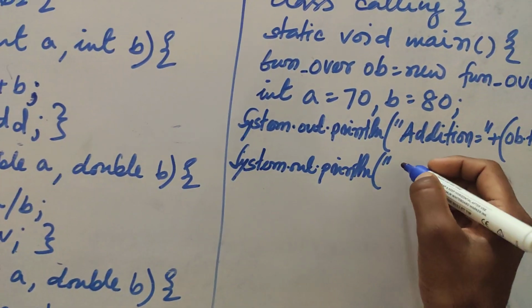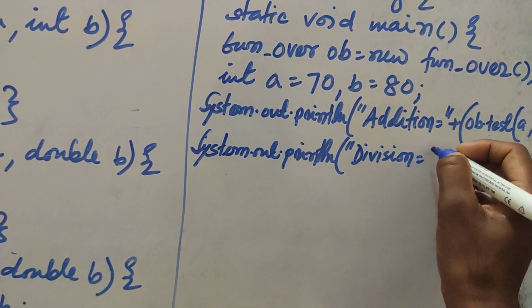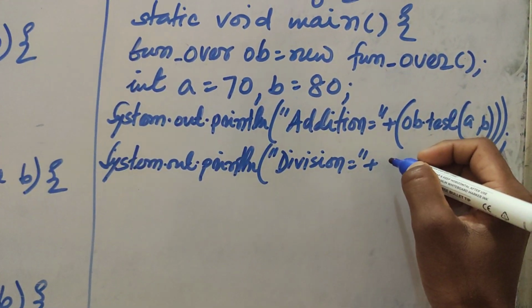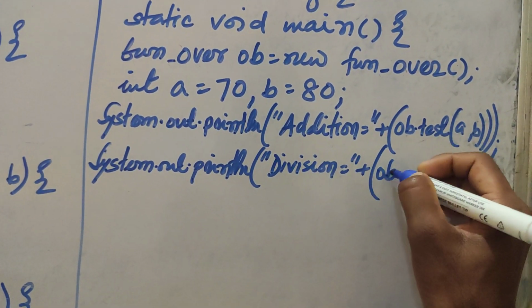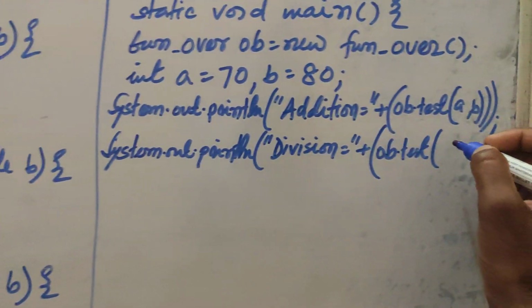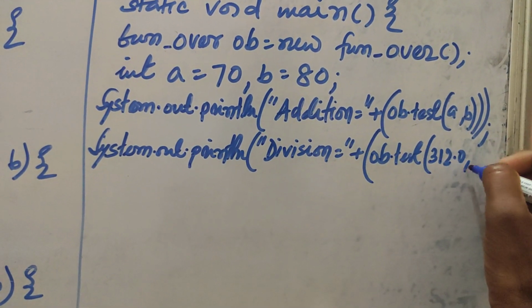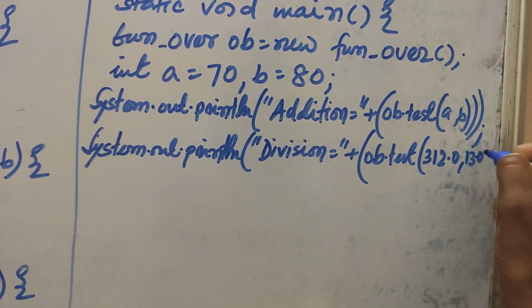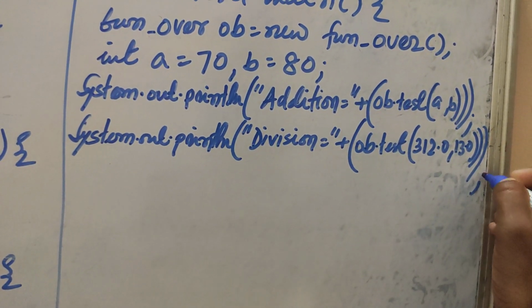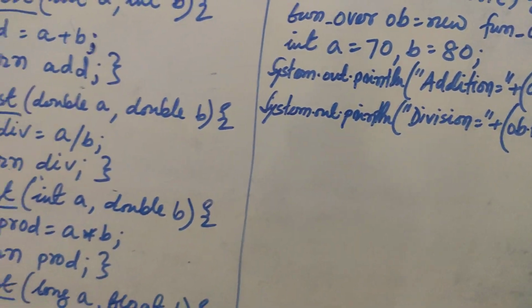Suppose this is division equal to, see, we can place the value directly, paste double 12.0 comma 13.0 inside this parenthesis.